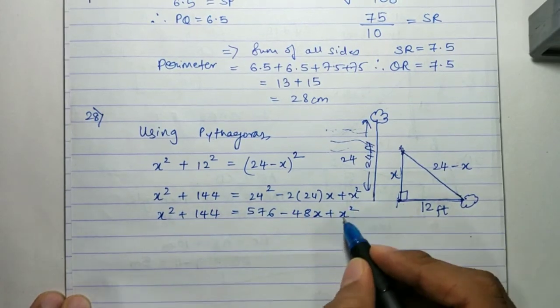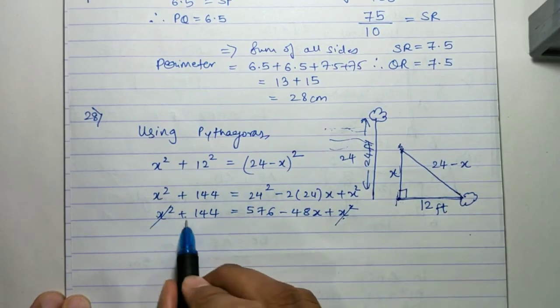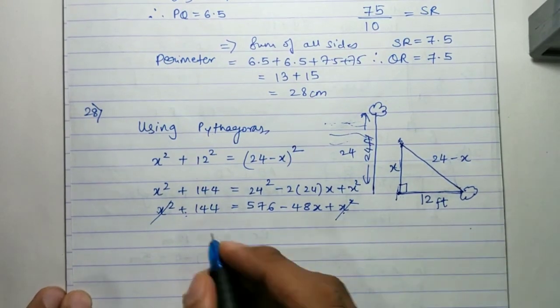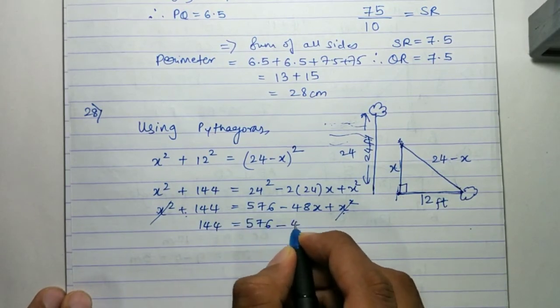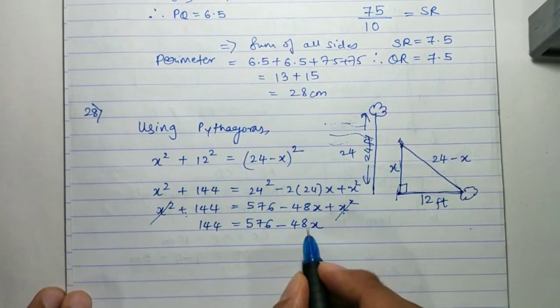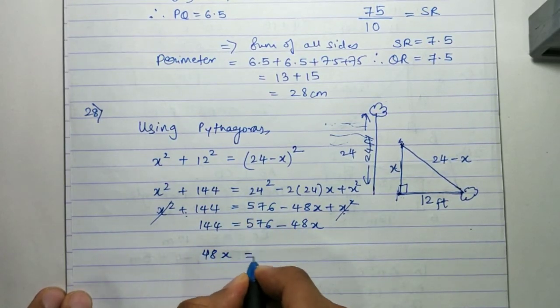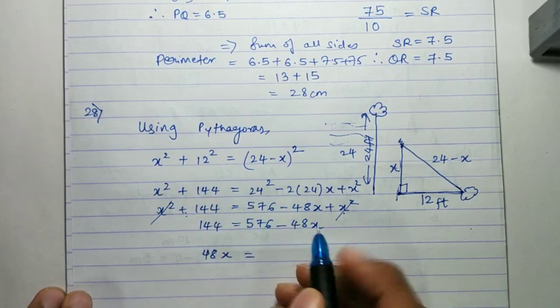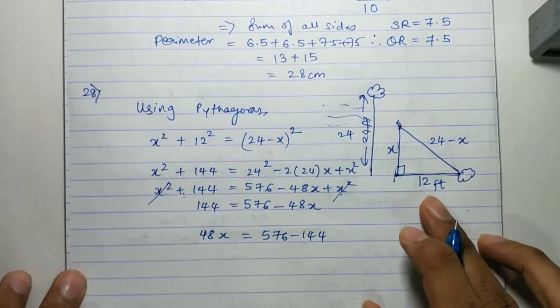Now x square on both sides will get cancelled. X square minus x square will give you 0. So 144 equals 576 minus 48x. Now let's shift this 48x here, so this will become plus 48x. This 144 will get shifted here, so 576 minus 144.